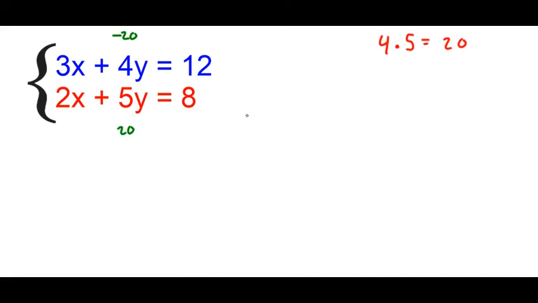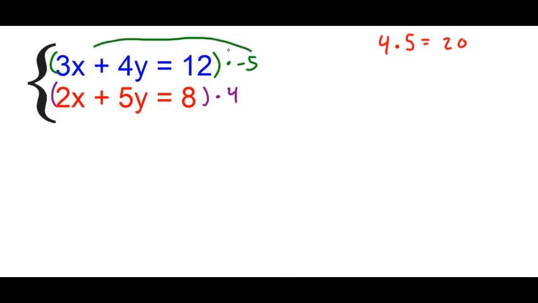So using that logic, I'm going to multiply the top equation by negative 5, because when I do positive 4 times negative 5, it gives me negative 20. And for the bottom, I'm going to multiply by 4, because that'll give me a positive times a positive. It stays positive. So let's go ahead and multiply this out.